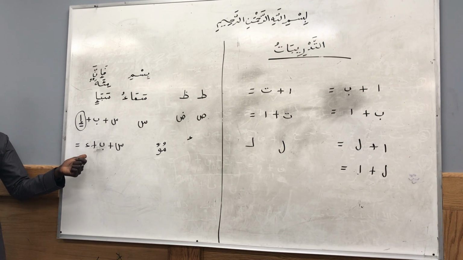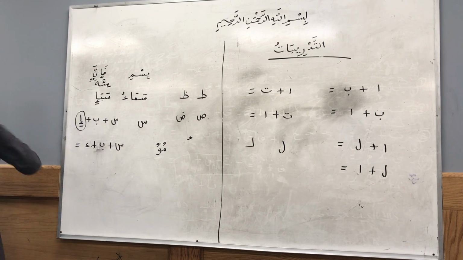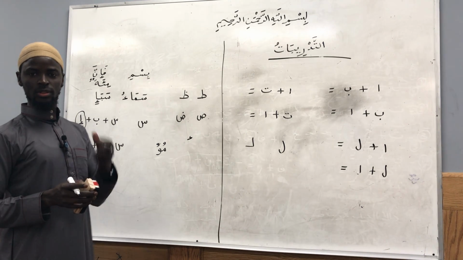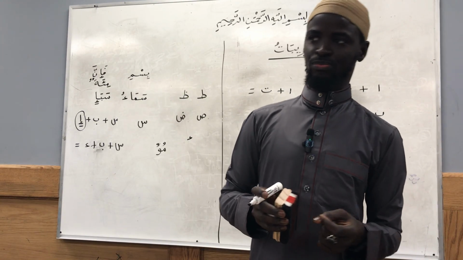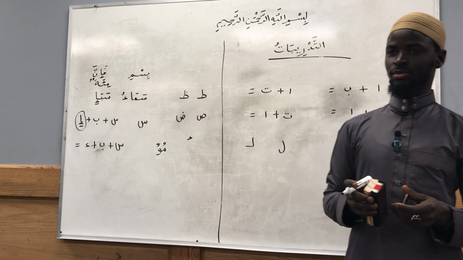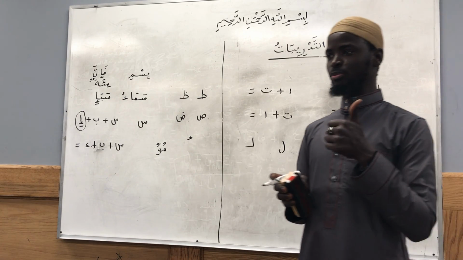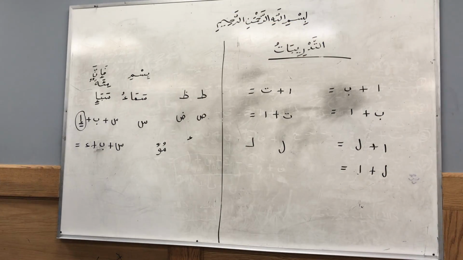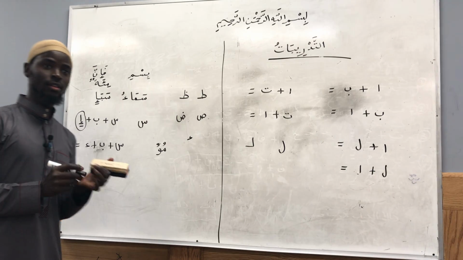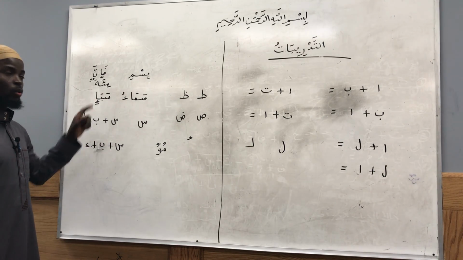Here is the challenge. All of you connect it in your book. Sin plus ba plus Hamza. Let's see how you're going to connect it. If you understand this, you will understand your question.